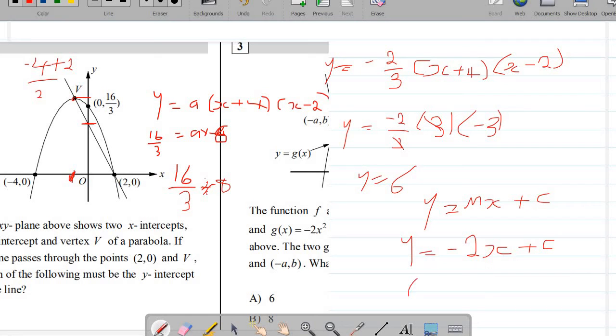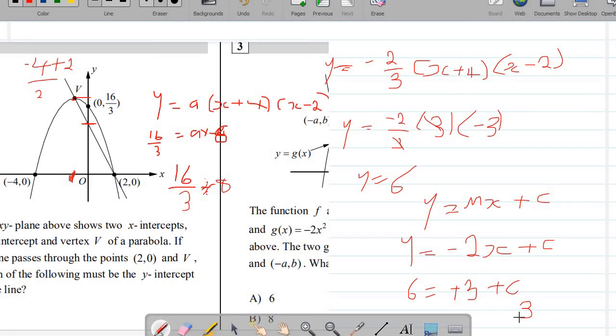This was 6 equal to minus 2 times minus 1, which is plus 3. So plus 3 plus c. Okay, so 6 equals plus 3 plus c, so what's c? c is 3.